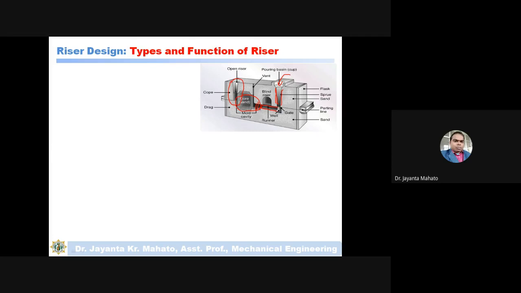Excess material means you cannot know how much molten material is required to pour through this basin to get the desired shape and dimension of the product. So it is not possible to calculate accurately how much molten metal you have to pour through this basin.